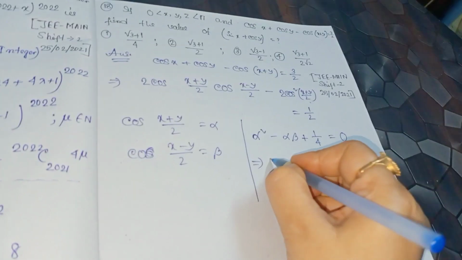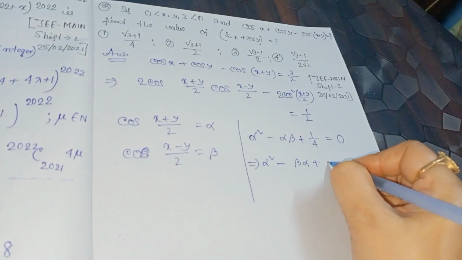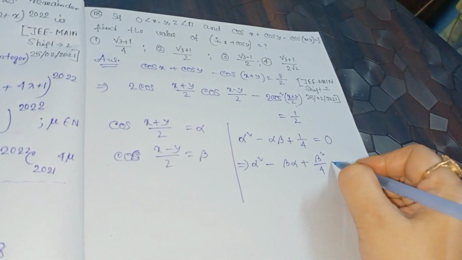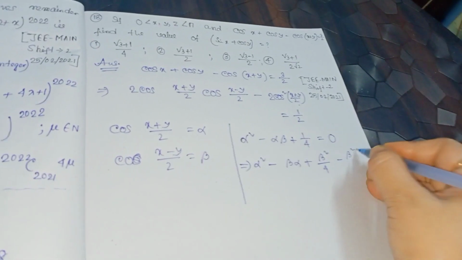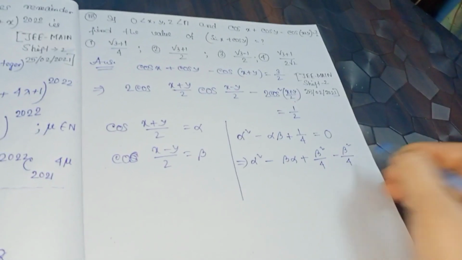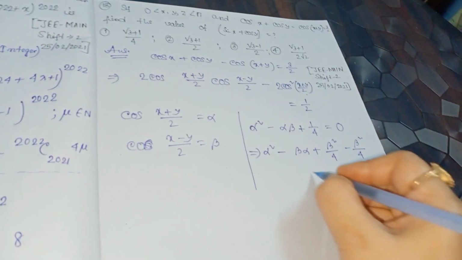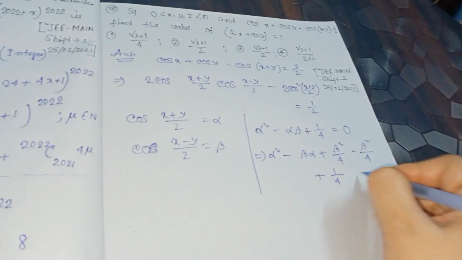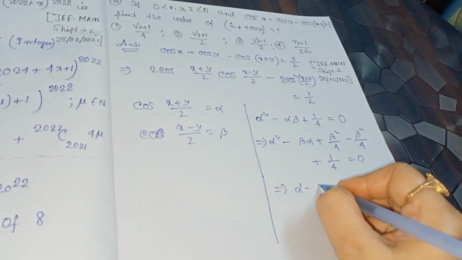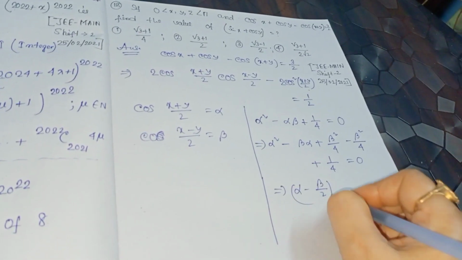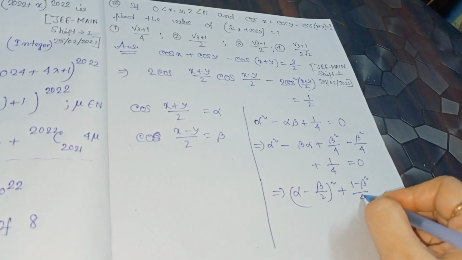That implies alpha square minus beta alpha plus beta square by 4, minus beta square by 4 plus 1 by 4, that is 0. So here we get (alpha minus beta by 2) whole square plus (1 minus beta square) by 4 is equal to 0.